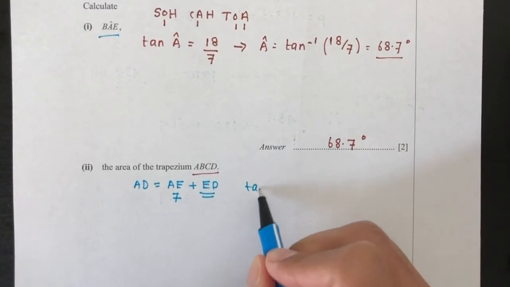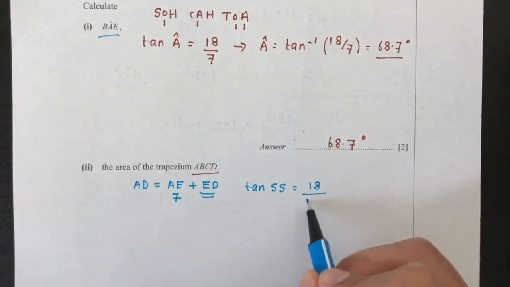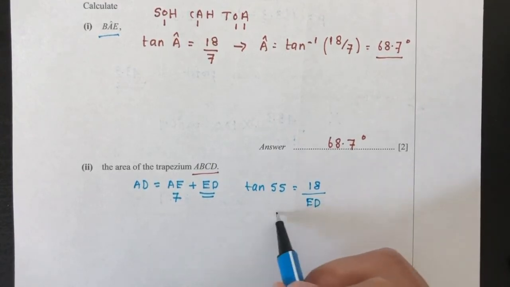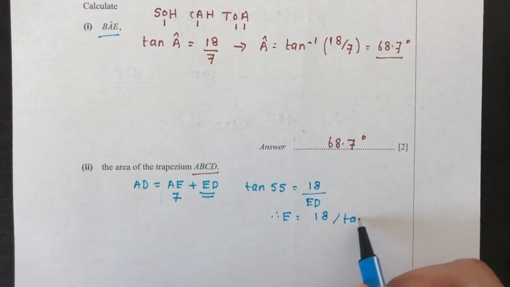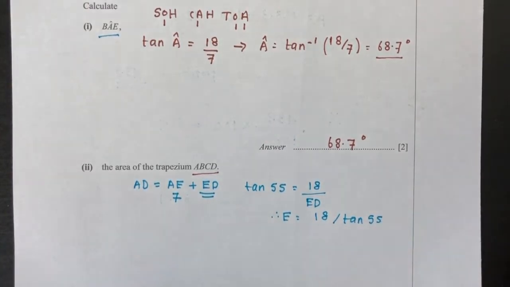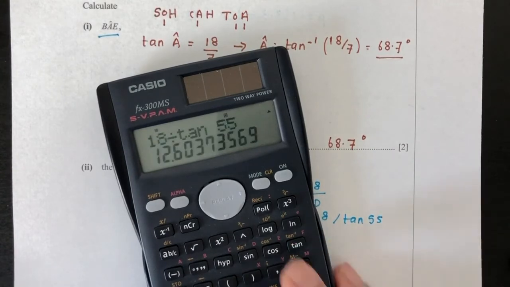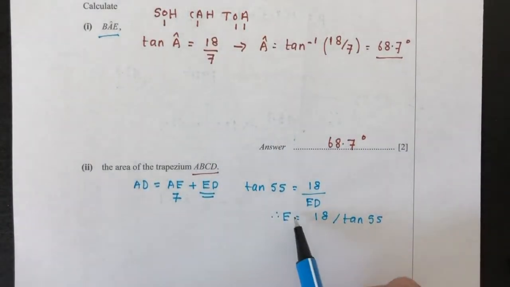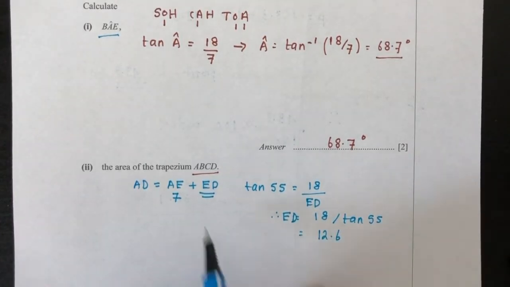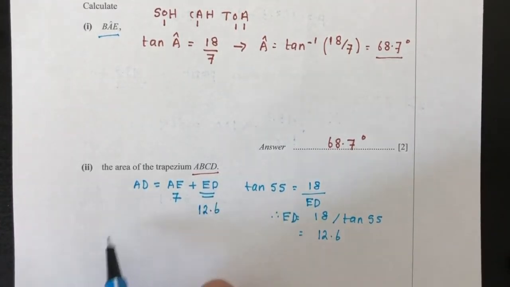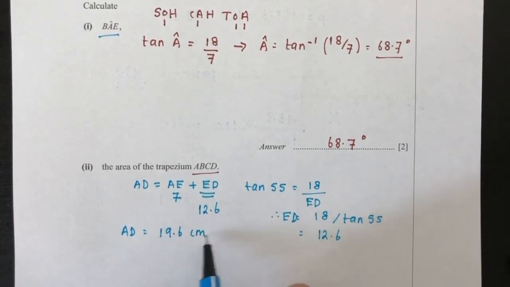So tan of 55 will be 18 over ED, which means ED is equal to 18 over tan of 55. That will be 12.6. So ED will be 12.6 centimeters. So AD is equal to 19.6 centimeters.